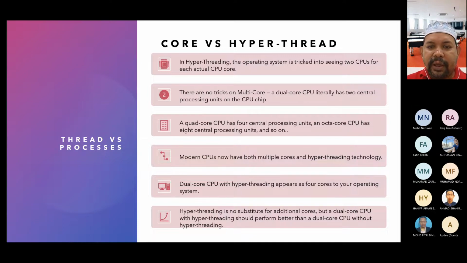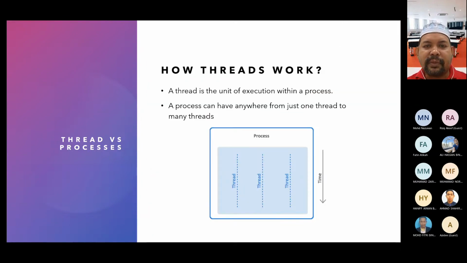Modern CPUs now have both multiple cores and hyperthreading technology. So a dual core CPU with hyperthreading appears as 4 cores to your operating system. Hyperthreading is no substitute for an additional core, but a dual core CPU with hyperthreading should perform better than a dual core CPU without hyperthreading. No need to compare; having both is even better.